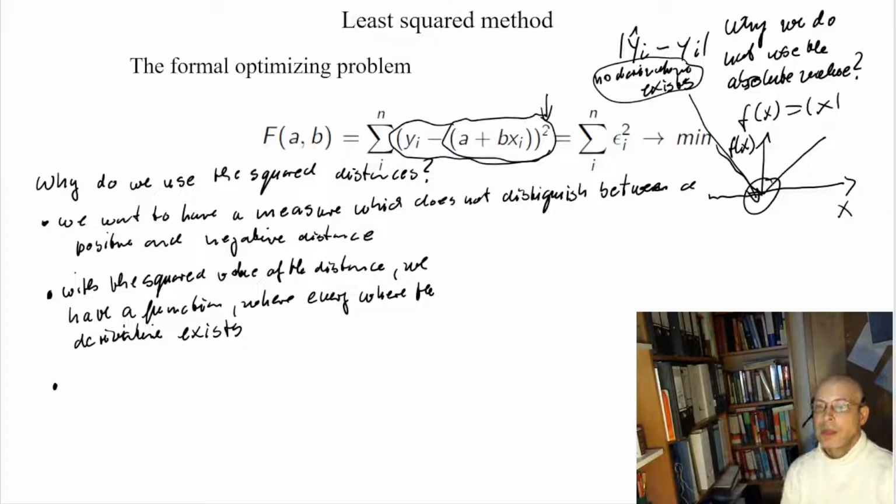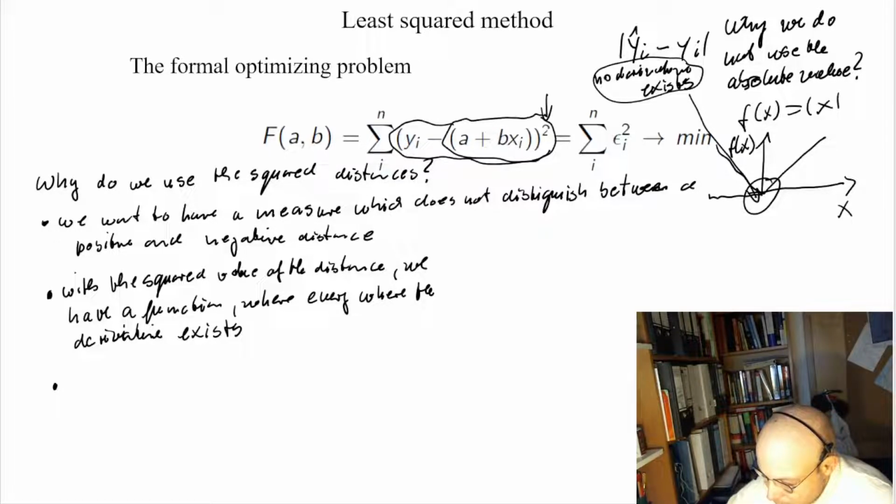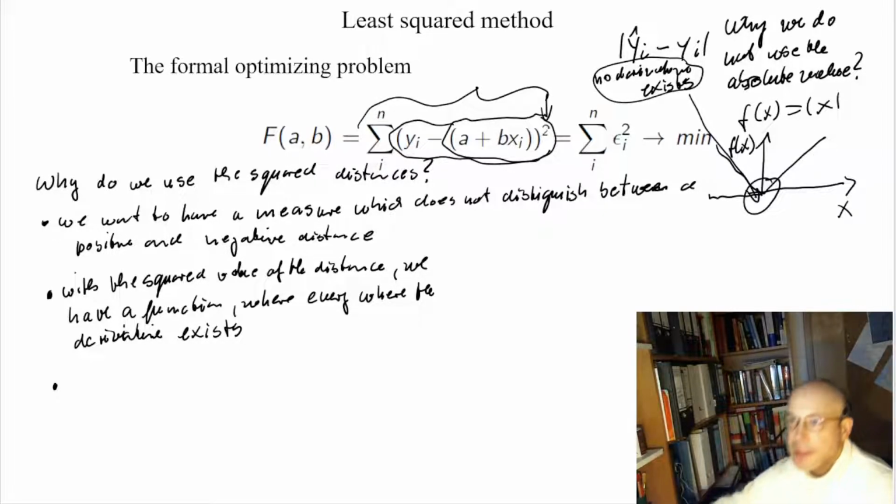Well, and then of course we already know this kind of squared distances from statistics. Where do we also use squared distances? Which kind of variable in statistics is also defined as squared distances?